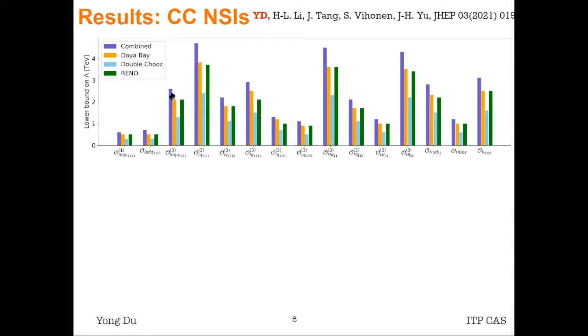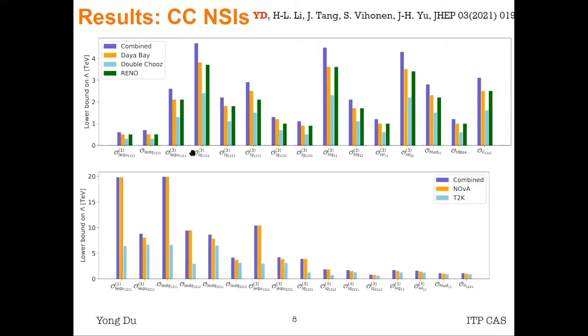The blue is for the combined analysis of these three types of reactor neutrino oscillation experiments. From the y-axis, you can conclude that these reactor neutrino oscillation experiments are currently approaching the 5 TeV scale in terms of new physics.